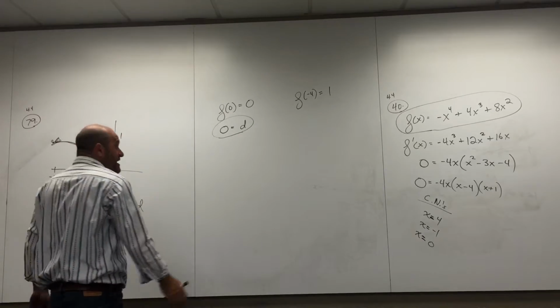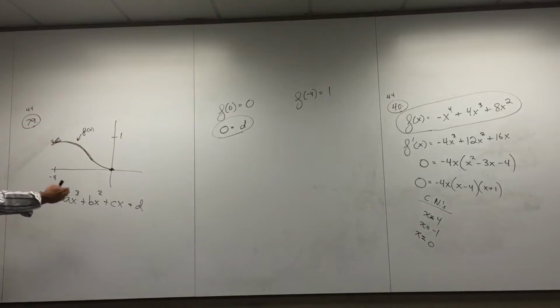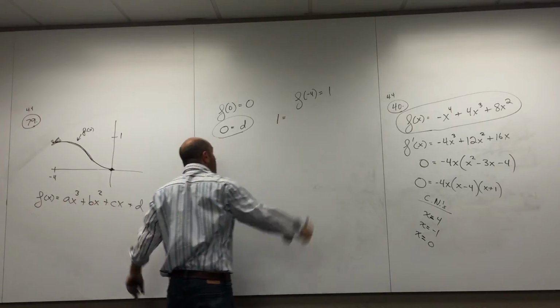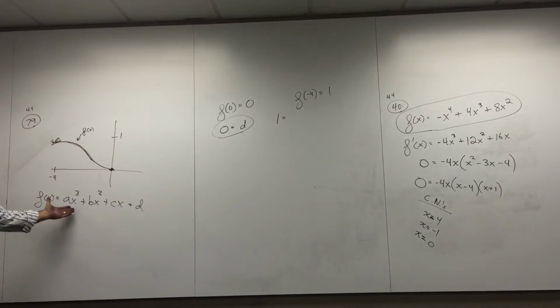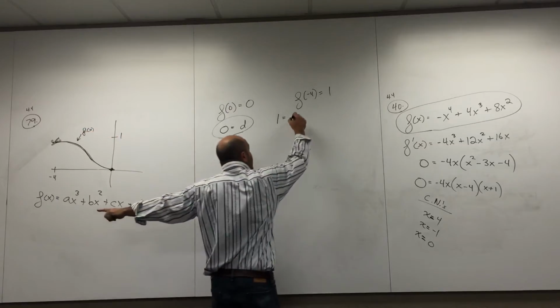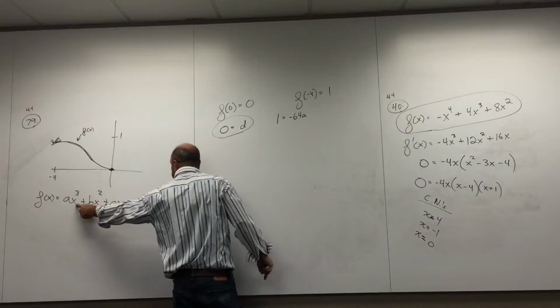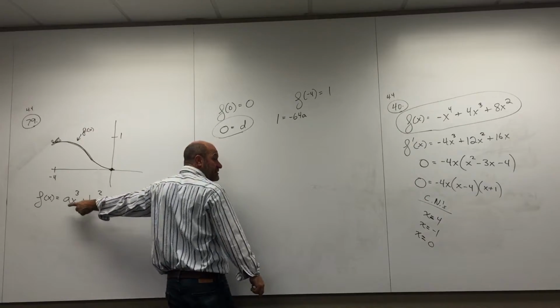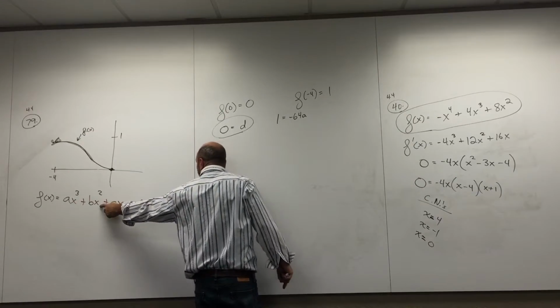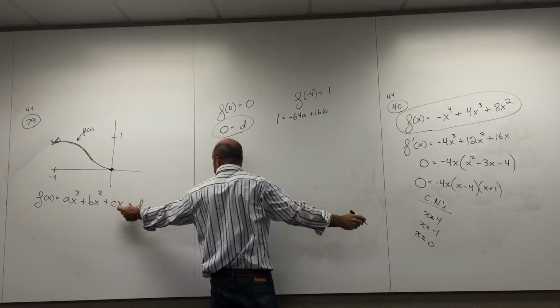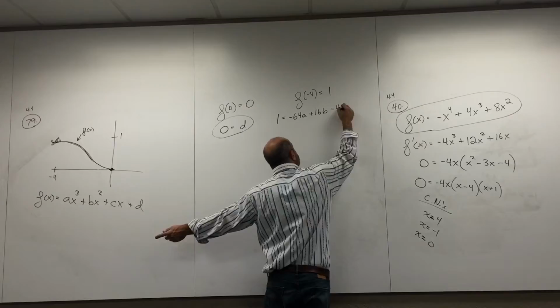If I plug that in there, the y value is 1. I plug in a negative 4 for x. What do I get? Negative 64a, since it's negative 4 cubed times a. That's 16b, and negative 4c.